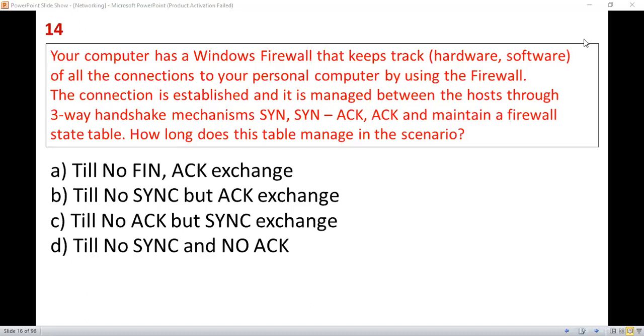Okay, anyone else? Yes. For this question, the answer will be option B, until the SYN and SYN-ACK, but ACK will be exchanged in the three-way handshake mechanism. Okay, the option for this question will be B.